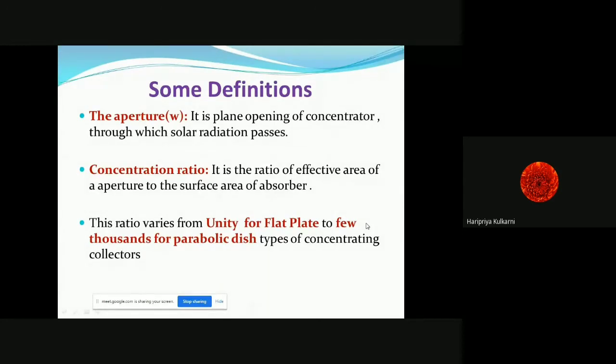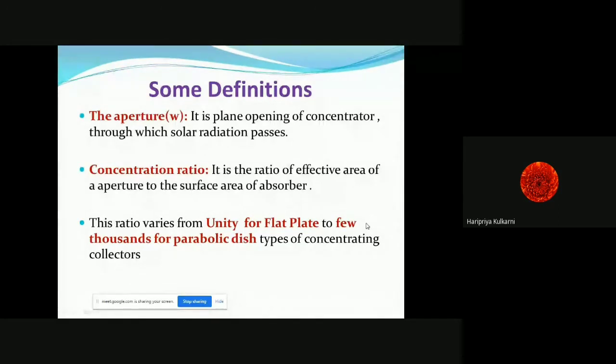As I said, if we consider a flat plate, then aperture and solar plate dimensions are both the same. You are providing the whole plate exposed to the solar radiations. So obviously the ratio will become 1, because the effective area of the aperture is say L, the length of the plate is say L, and it is utilized on the L length of a solar plate, L by L. Then it will be unity, it is obvious.